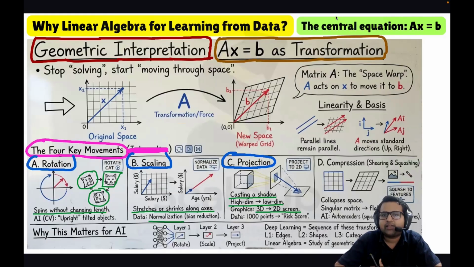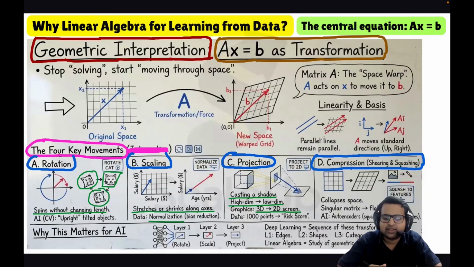Then the next transformation is compression. That is a shearing and squashing. Here the transformation matrix collapses the space. So compression means collapsing the space. If the matrix is singular, singular matrix means the determinant is 0. If the determinant of the matrix is 0, then it's a singular matrix.